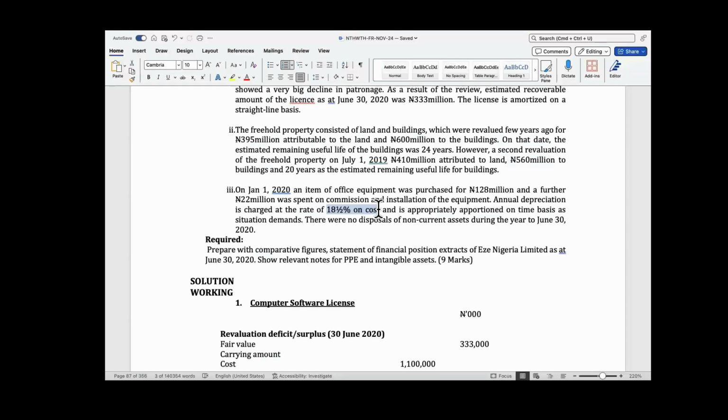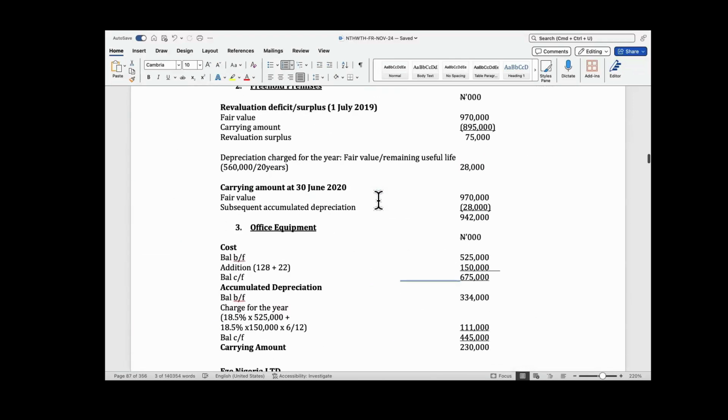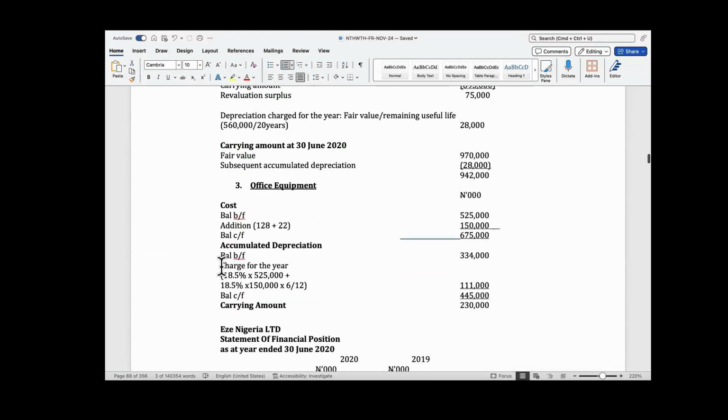So except if there is an addition, you will still get the same amount of depreciation every year. So that's straight line. Whenever they say a percentage on cost, it's the same amount of depreciation you will get every year. So it's straight line that we are using. So our charge for the year.